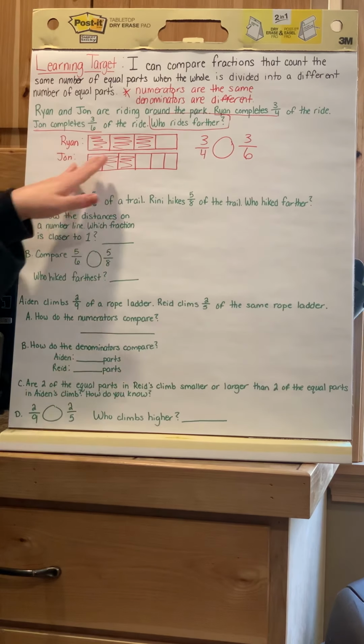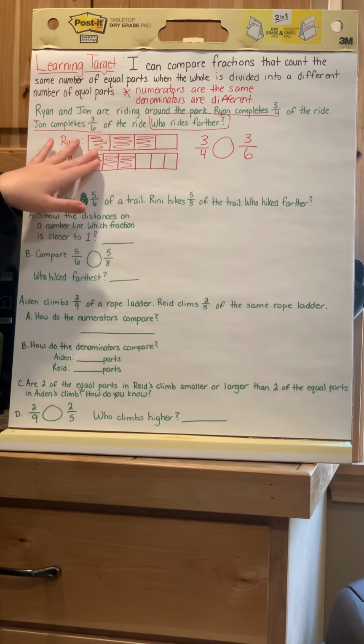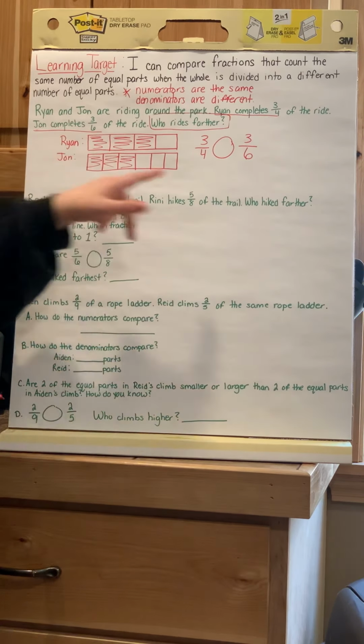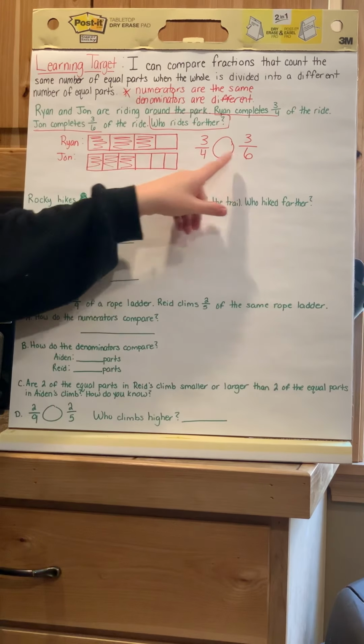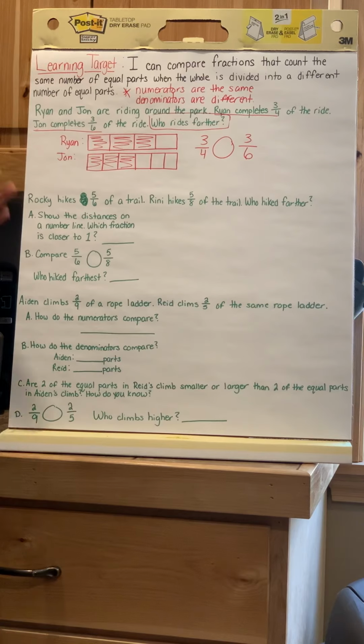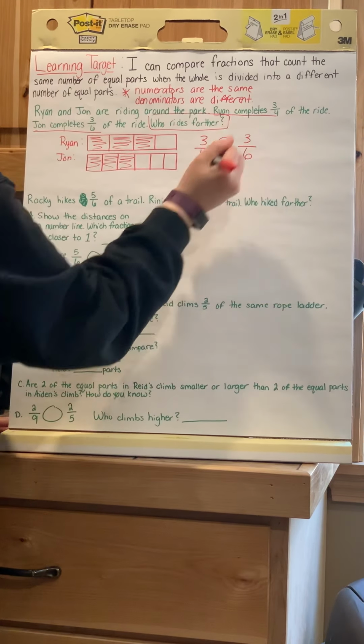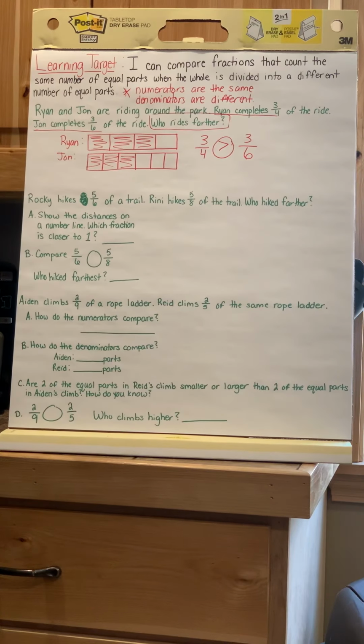For John, the whole was split into more parts. But looking at this, even though John's denominator is bigger, it looks like Ryan rode farther. So I would say that 3/4 is greater than 3/6.